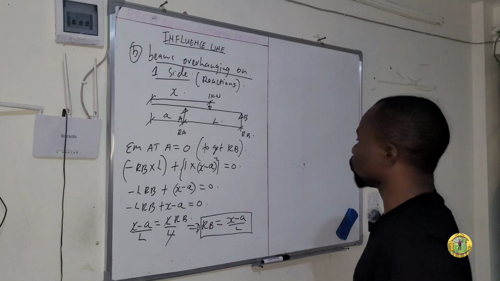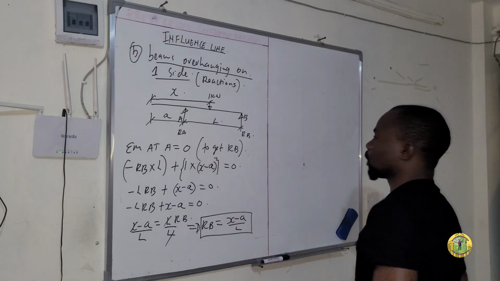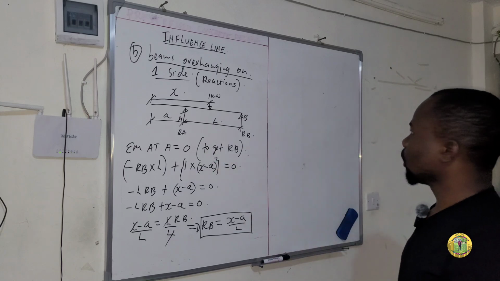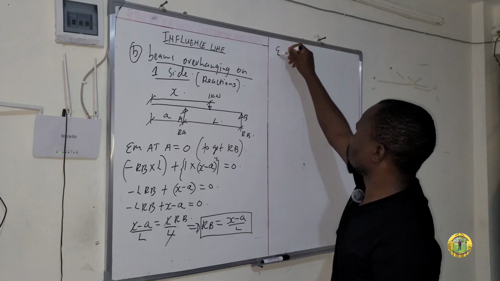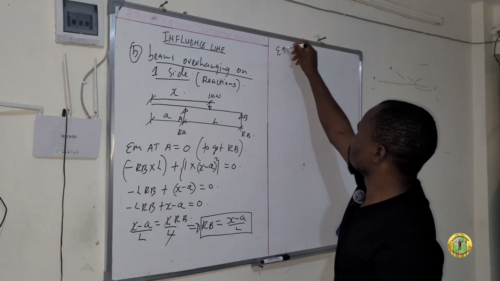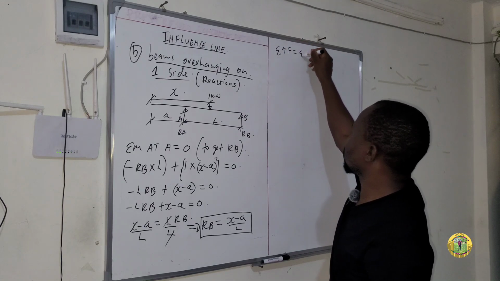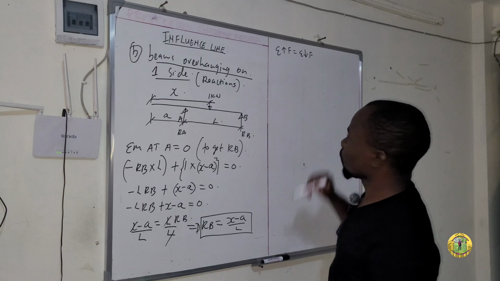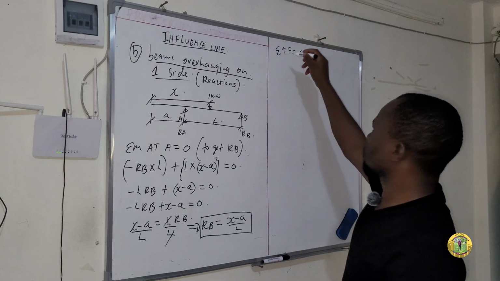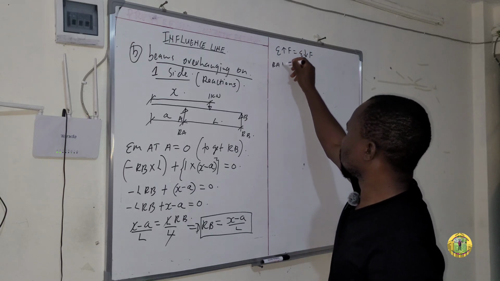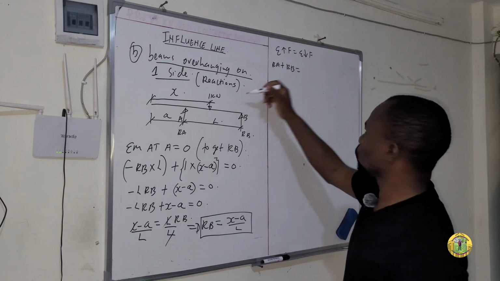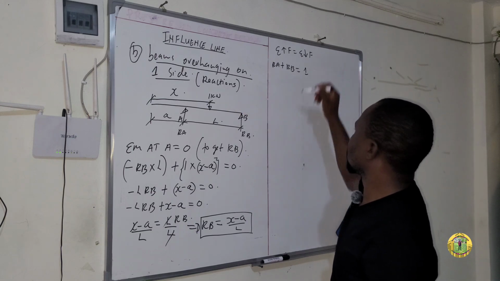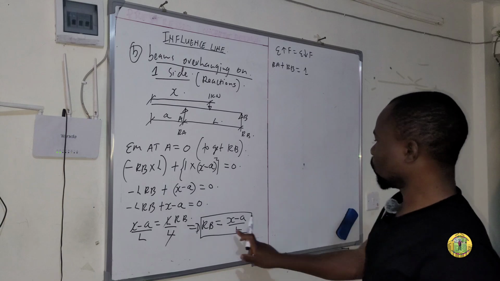And then we will come to RA. So for us to get RA, you will consider this equation of equilibrium. Summation of vertical forces is equal to summation of downward forces. So the upward forces is reaction A plus reaction B, and the downward forces is 1 kilonewton. So already you have RB.